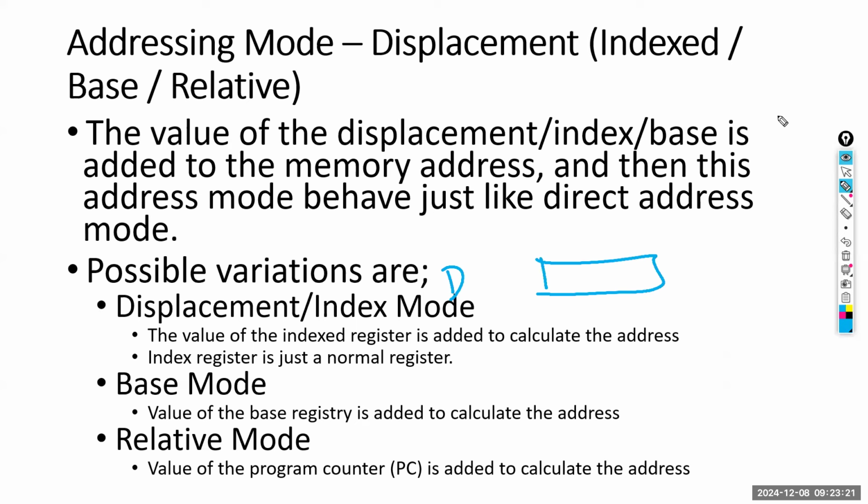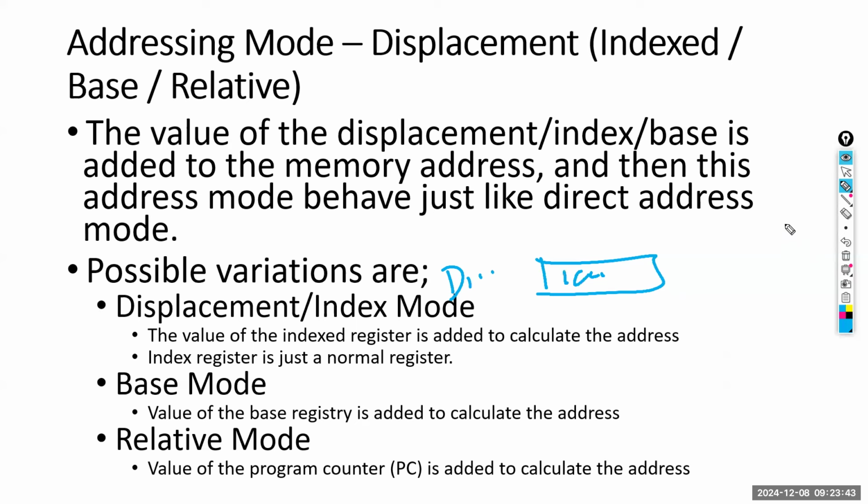So this is another such register in the processor, called the displacement register, index register, or base register. Then when you refer to the address, you need to add the value in this register to the address and then go and get it there.